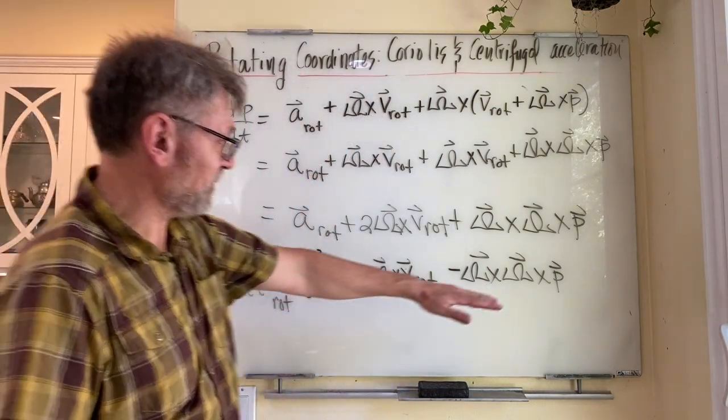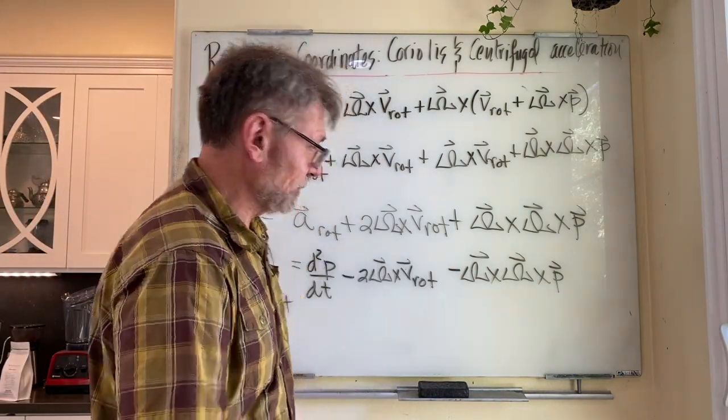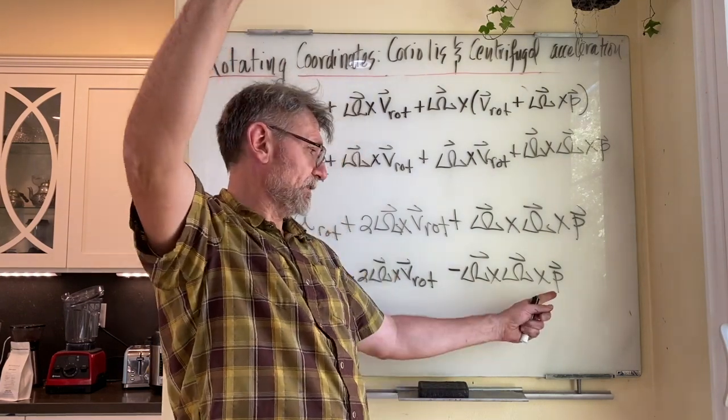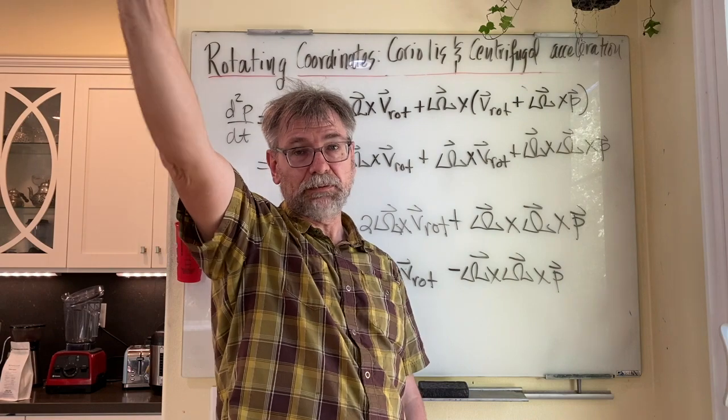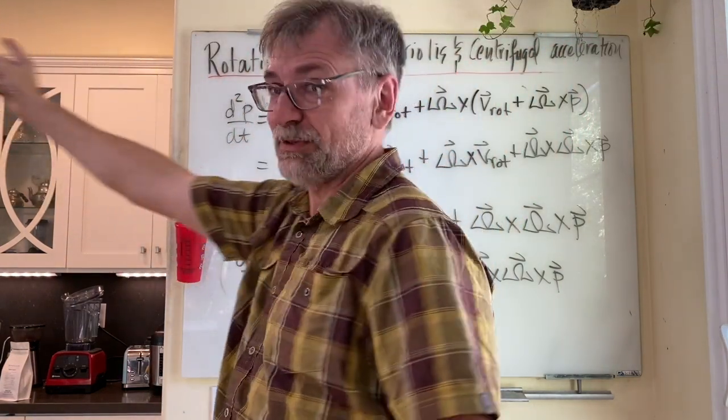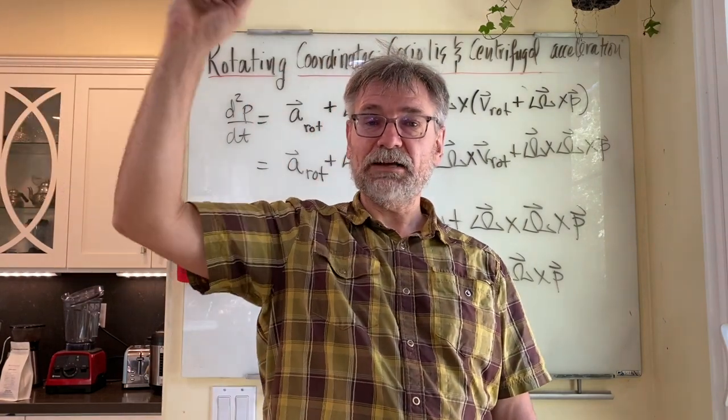So let's see if this has the right sign, right? So remember my vector P, and for simplicity, let's assume P is not changing with time in the rotating frame. So it's spinning around, right? So the centrifugal is going to try to fling it outwards.